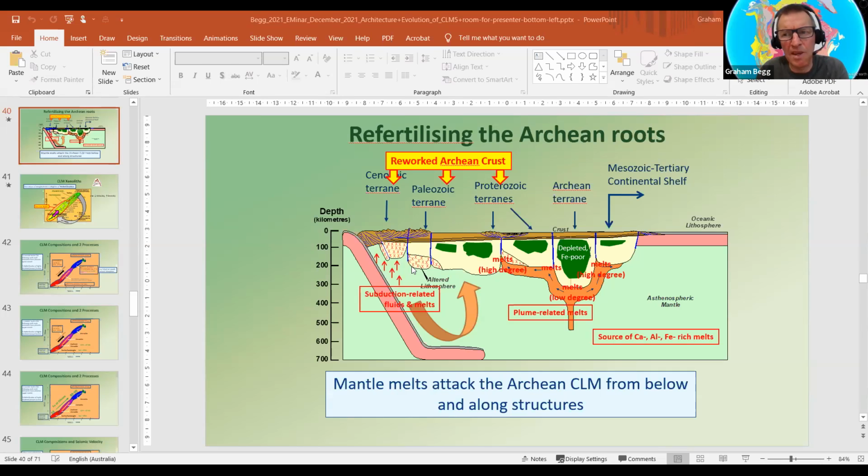And that's now sort of entered the mainstream, a series of publications documenting various margins where sometimes over 100 kilometres, 150 kilometres width of continental crust has been detached from the underlying continental root at a passive margin.